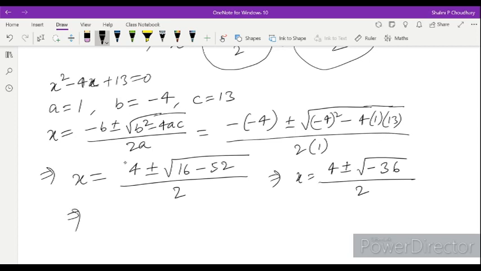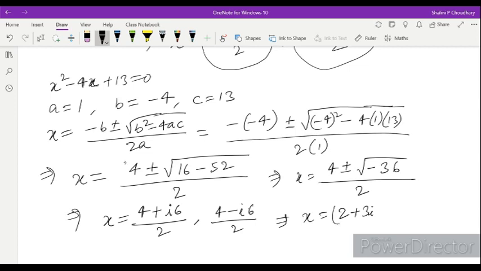So what will the roots of x be? 4 plus i square root of 36, which will be 6i, divided by 2 and 4 minus 6i divided by 2. Now can we take 2 common in denominator and numerator? So we'll get the two roots of x as 2 plus 3i and 2 minus 3i. So these are the two roots of x.